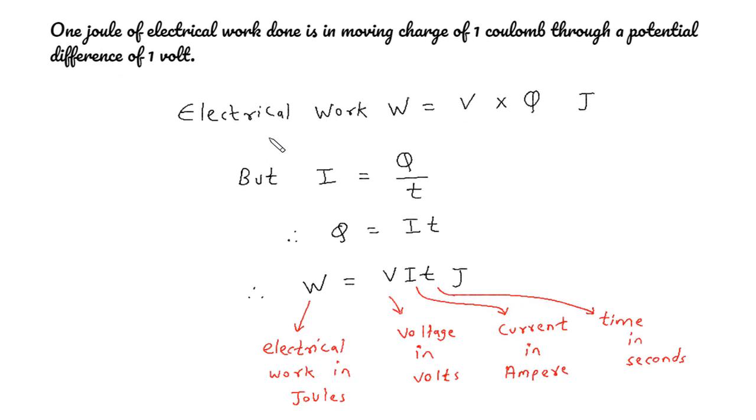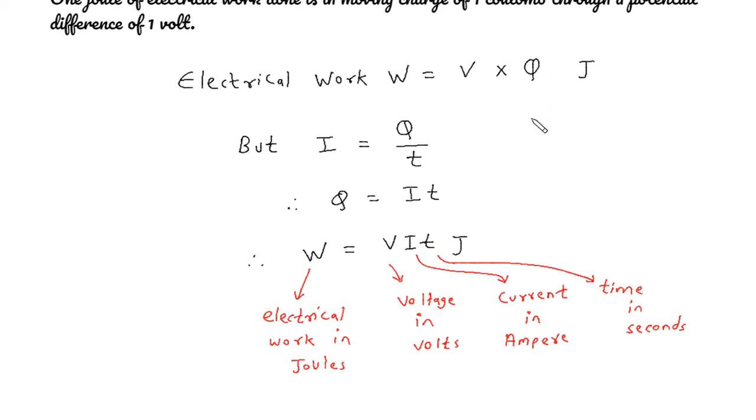The formula for electrical work is W equals V into Q, joules, where W is the electrical work, V is the voltage in volts, and Q is the charge in coulombs. But we know that current I is equal to charge upon time.